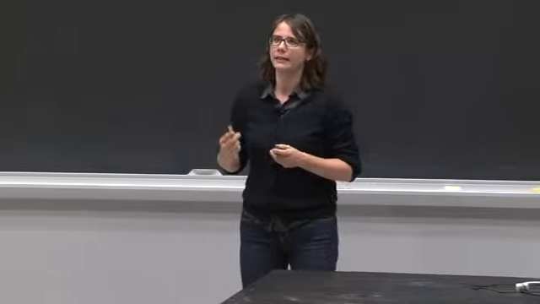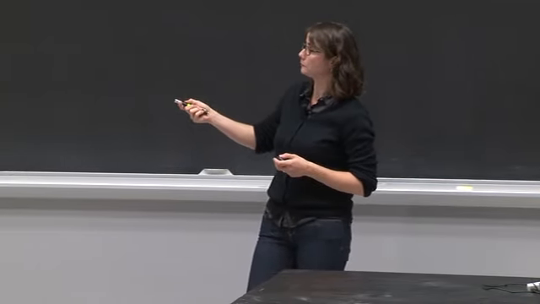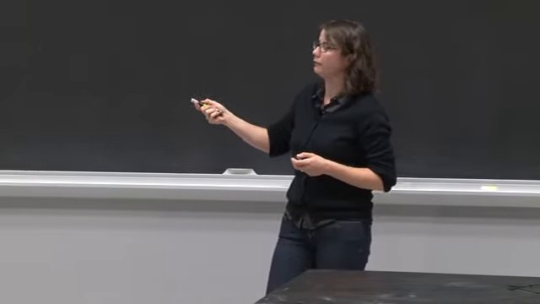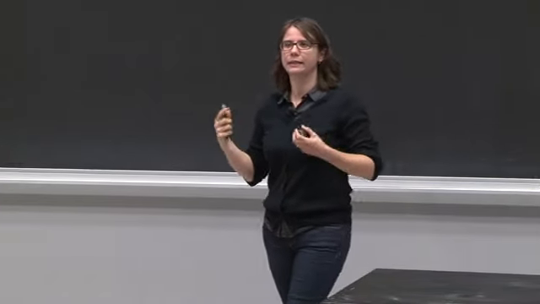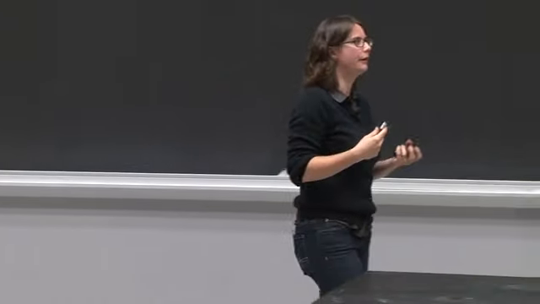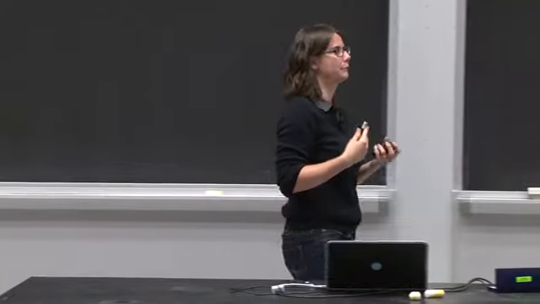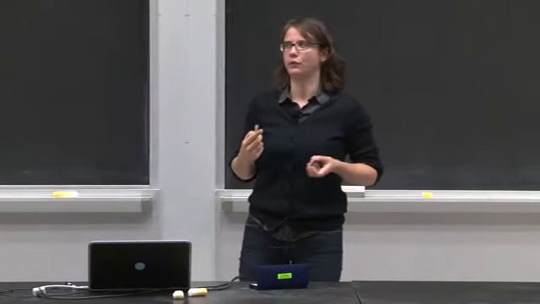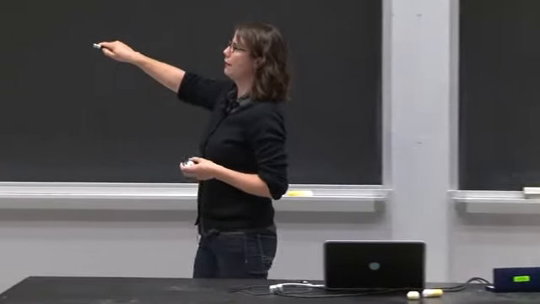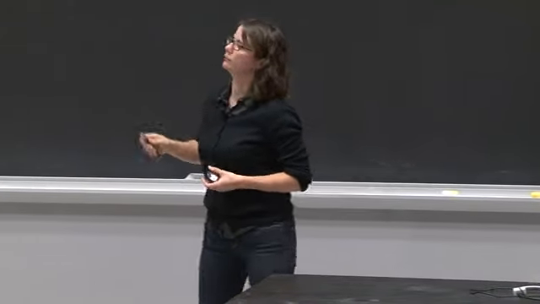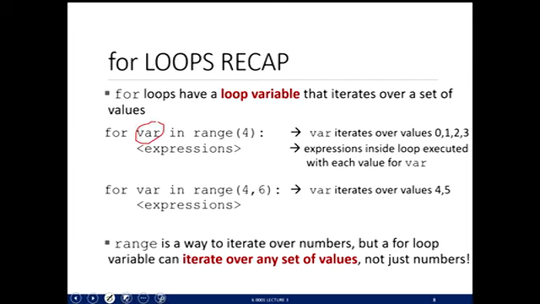So the next thing I want to talk about is a little bit of recap on for loops. And we're going to see how we can apply for loops very easily to write very nice readable code when dealing with strings. Okay? So remember that for loops had a loop variable, right? My loop variable being this var here in this particular case. It could be anything you want.